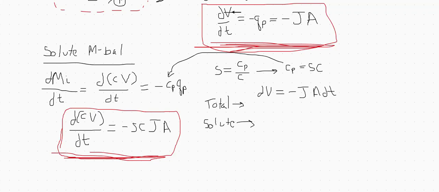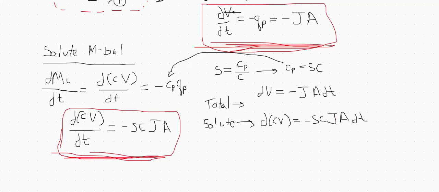That's our total mass balance. And then for our solute, we'll do the same thing. We'll bring the dt over and we'll say that d CV is equal to minus the sieving coefficient times the concentration times JA dt.